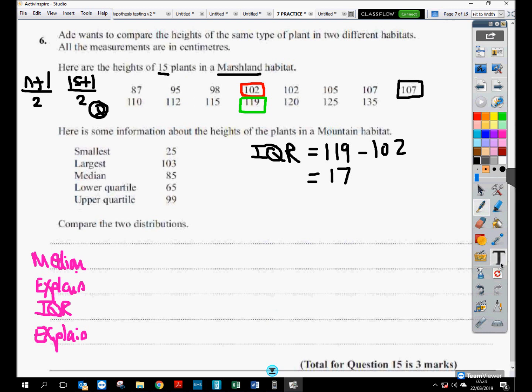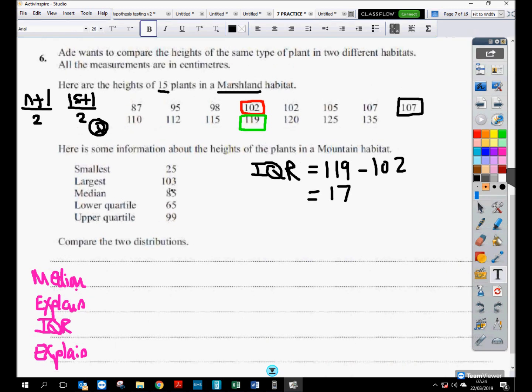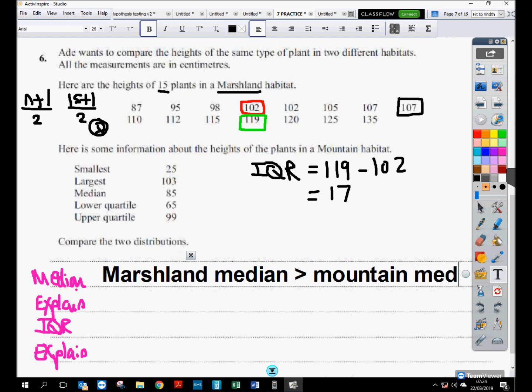Okay, so let's write some sentences. So first of all, you can see clearly that the median in marshland is greater than the median in mountain habitat. Okay, so just say that. Marshland median is greater than mountain median.